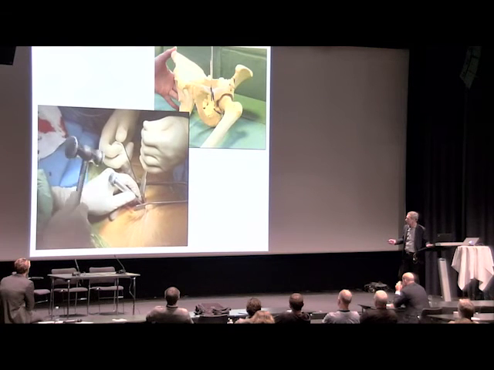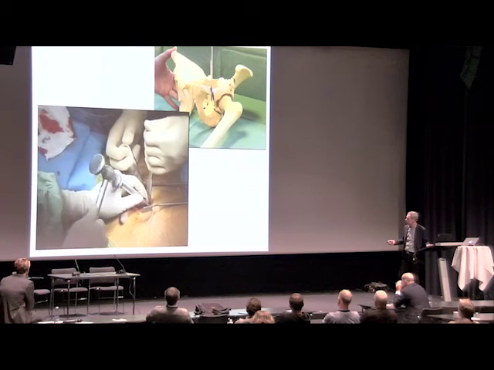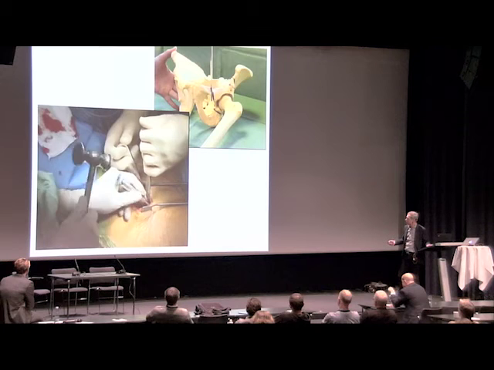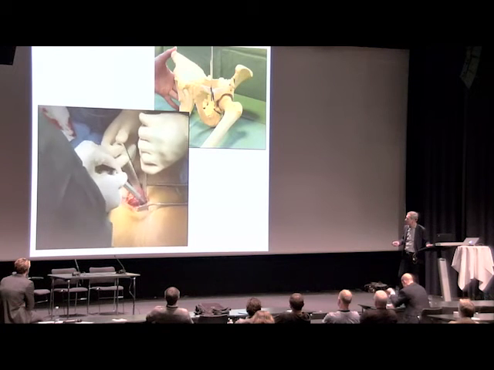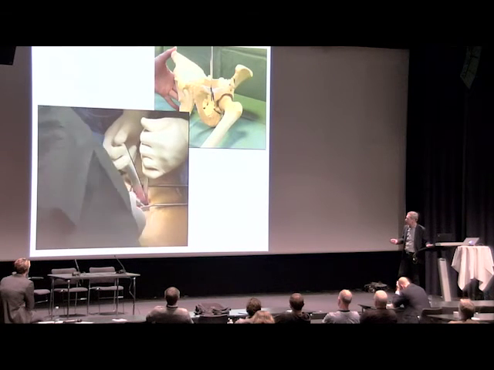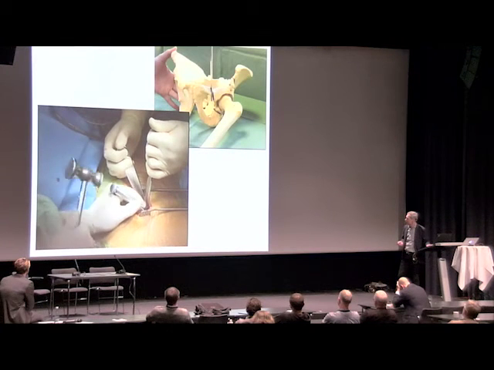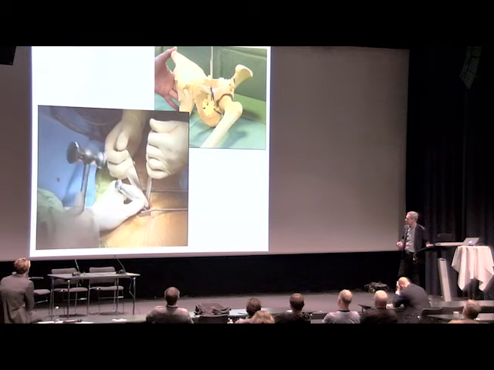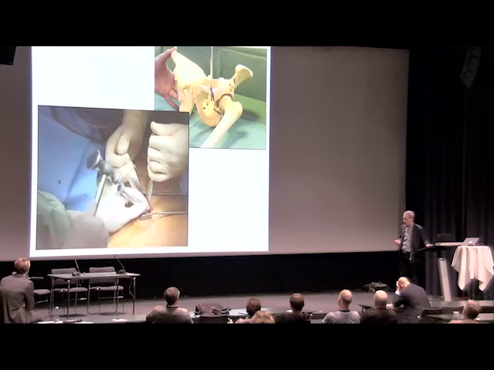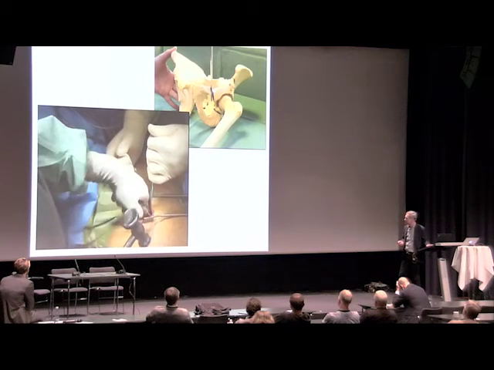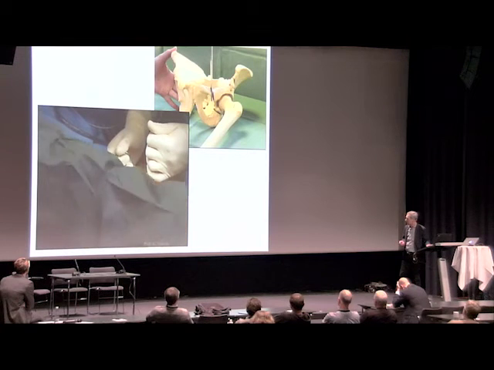We have the vessels and the nerve medial to the osteotomy. This is a slightly curved osteotome I'm using, and it has to be done completely. That was the pubic bone.